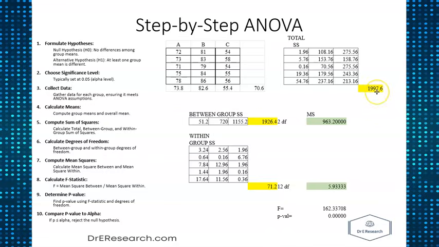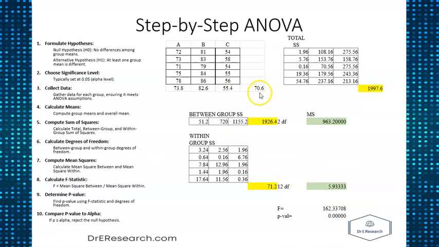Now, that total variability, we're going to try to figure out how much of it is due to within group variability and how much is due to between group variability. So that's what we're doing down here. I'm going to show you the between group first, okay? What I basically do for the between groups is I take the group mean, subtract the overall mean, so I do that minus that, square it, okay?